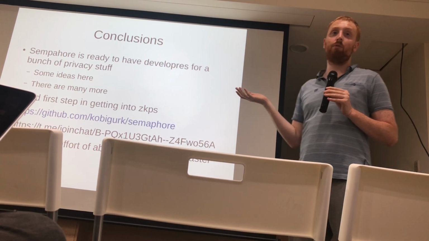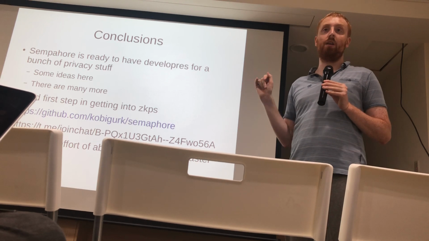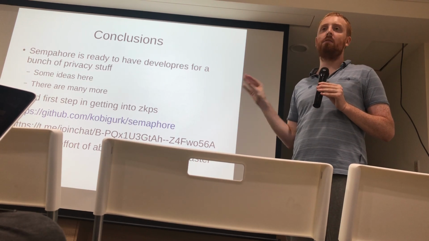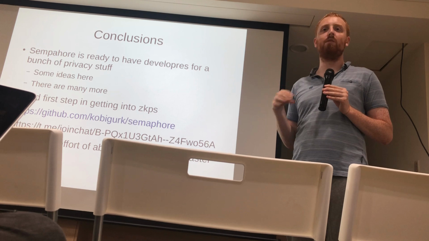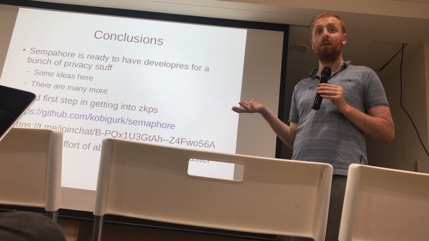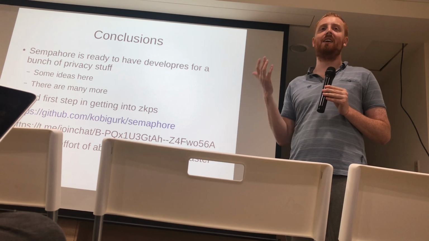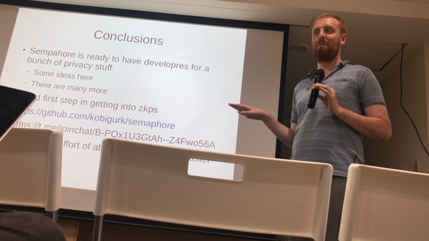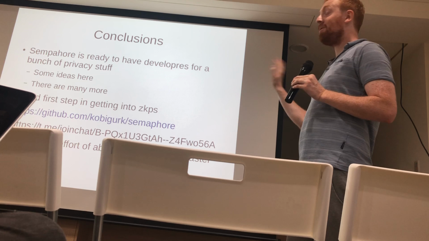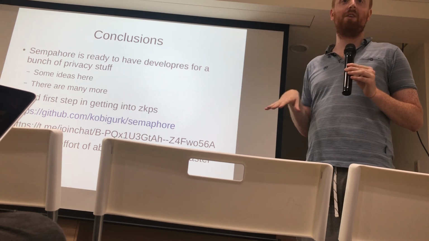So, Semaphore is pretty much ready for people to start working on. At least the circuit is, but the smart contract, the user interface and the P2P stuff are not really ready yet. Those are places where we're actively soliciting help and looking for people to help. There are some ideas here, but there's a whole bunch of other ideas as well.